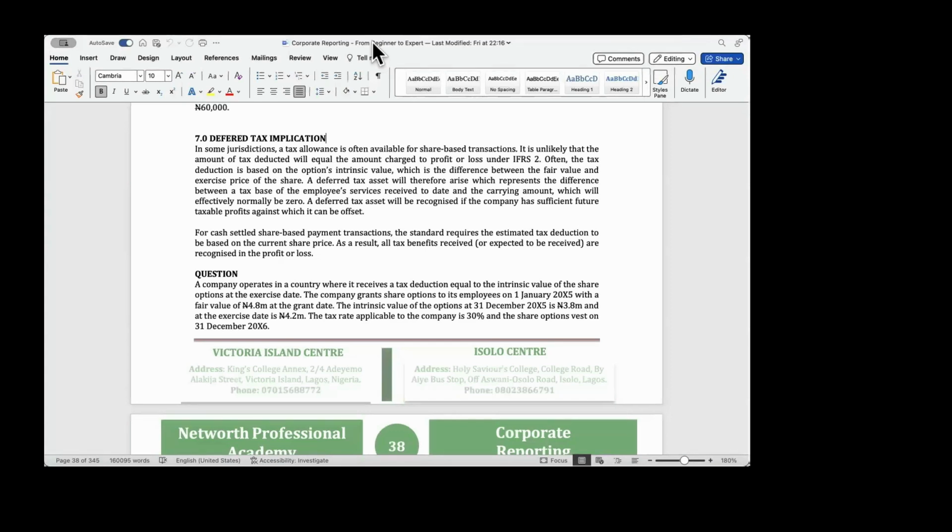For other assets that do not enjoy capital allowance, the taxman will look at what you have in your books. If you have any valuation allowance, he will disallow that, add it back, and say, no, you cannot revalue these assets. The taxman does not want to see that. He likes cash flow. So it's majorly your carrying amount. If there's any adjustment he wants to make, he will make it.